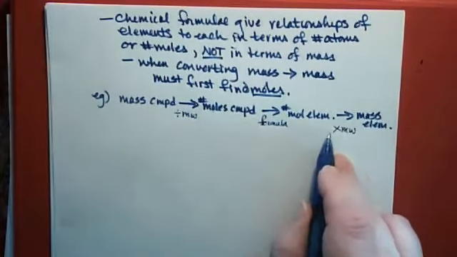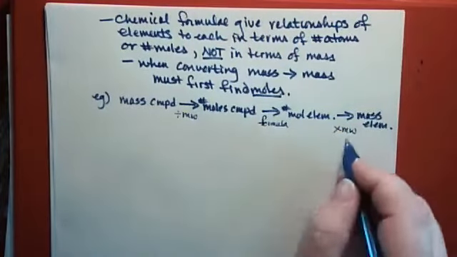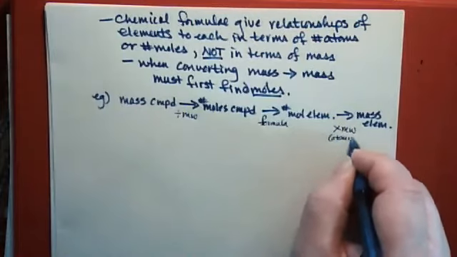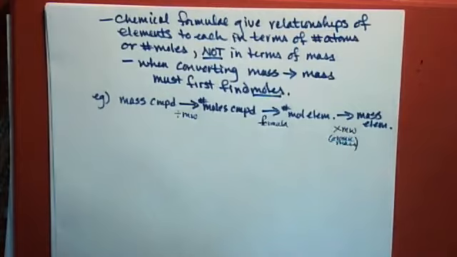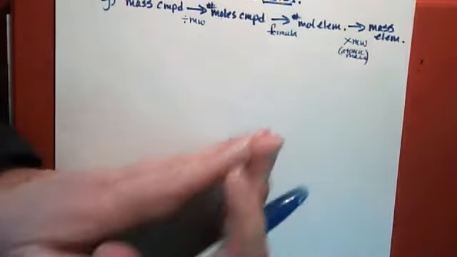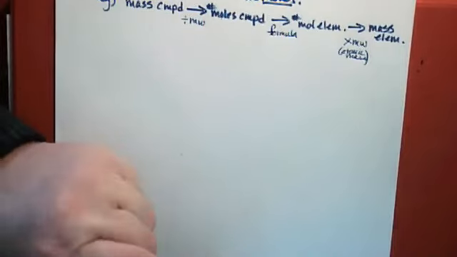And then once you have moles of the element, you can find the mass of the element by multiplying by the atomic mass of the element. Okay, so that's how you have to do it. You can't go directly from mass to mass, not in a chemical formula and not in a chemical equation either.